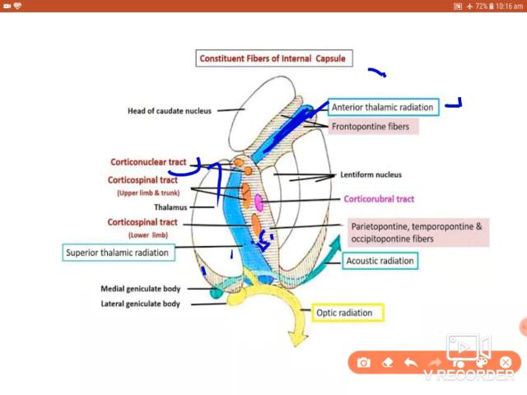These are the actual sensory fibers which collect information from the somatosensory system passing through this posterior limb. Here this is the posterior limb, this is the genu, this is the anterior limb. So the thalamocortical fibers carry information from the somatosensory system through this posterior limb to the primary sensory cortex. These are the actual sensory fibers you can see in this posterior limb.